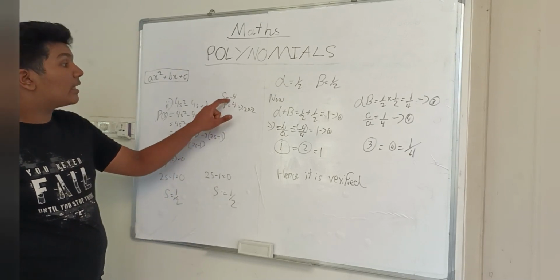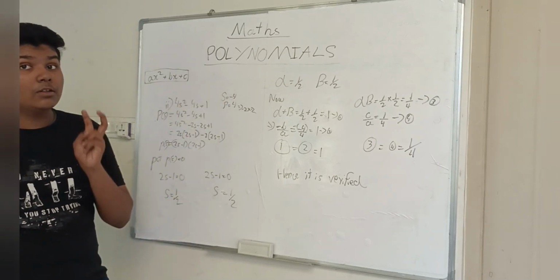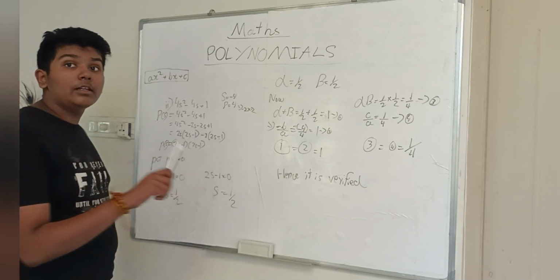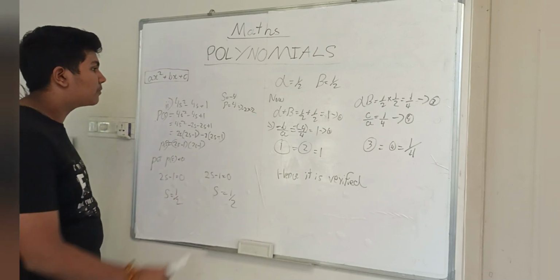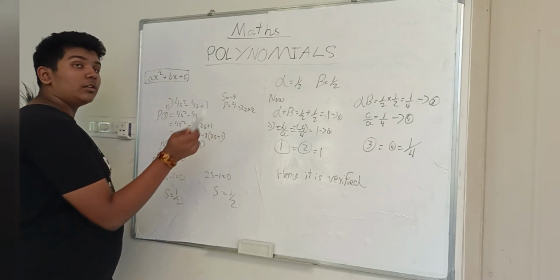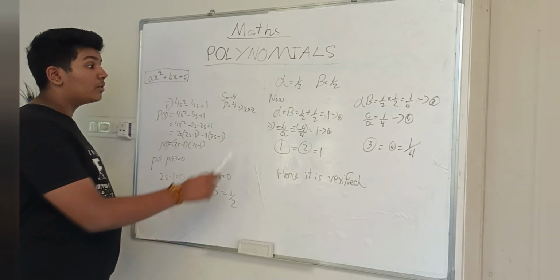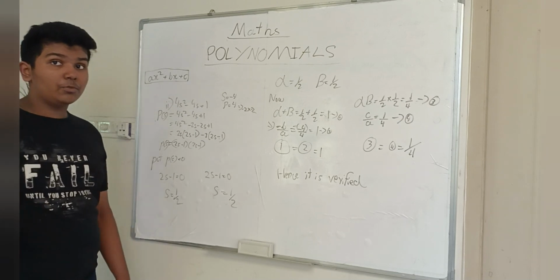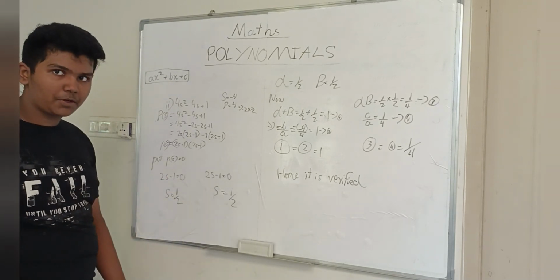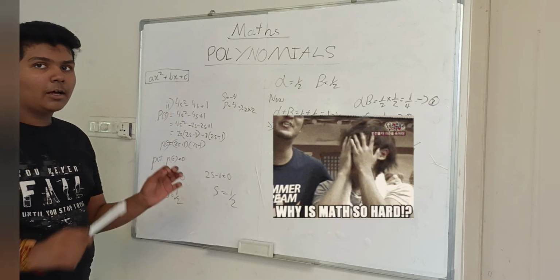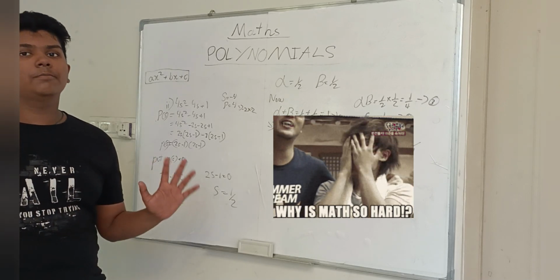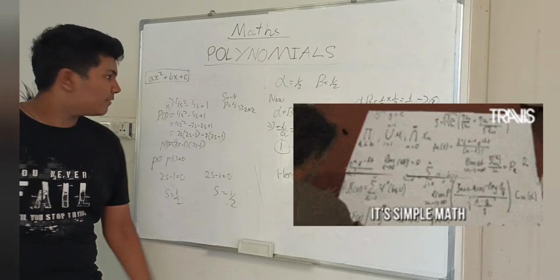Now since this is negative, we have to find two numbers which are also negative. So negative into negative is okay. So 4, 2 into 2, 4 into 1, so we will be taking 2 into 2. So we will get minus 2 into minus 2, which is equal to positive 4. But for the sum, minus 2 minus 2, which is minus 4, right?